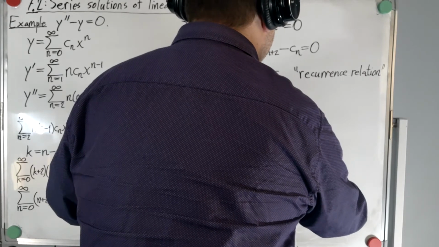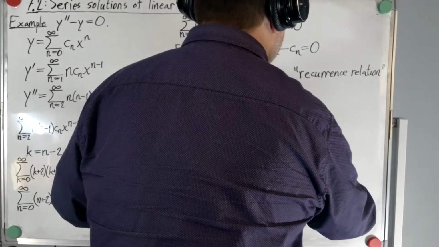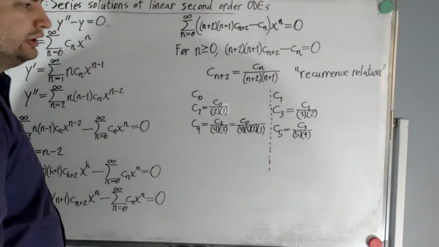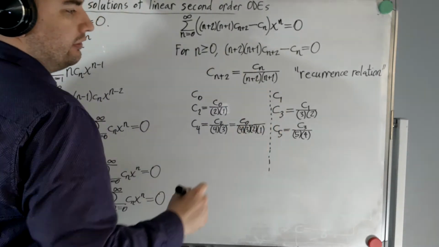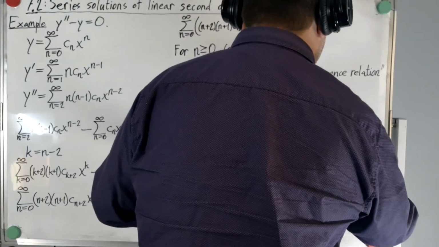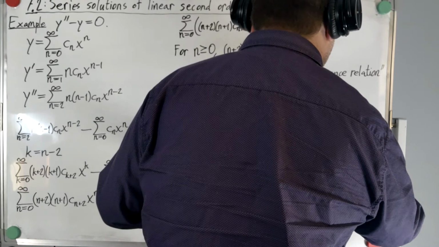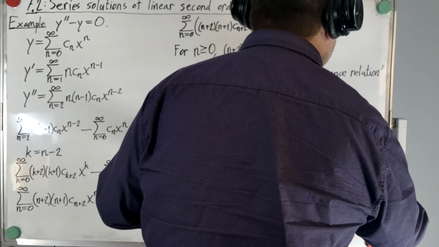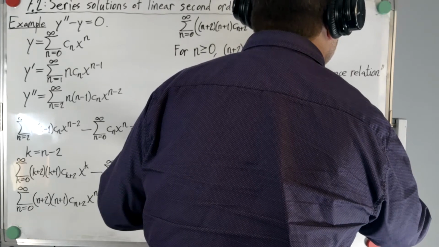C5, we know that's going to be C3 divided by 5 times 4. C3 is C1 over 3 times 2, so this becomes C1 over 5 times 4 times 3 times 2.